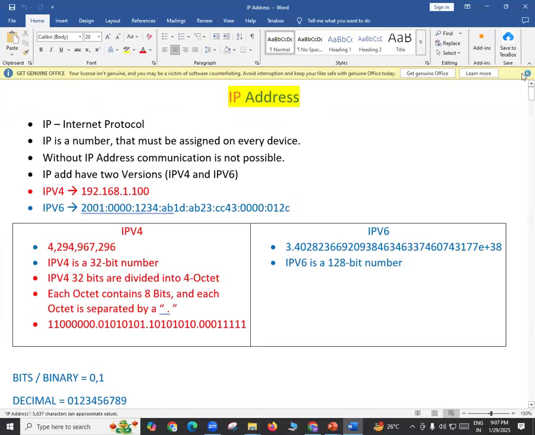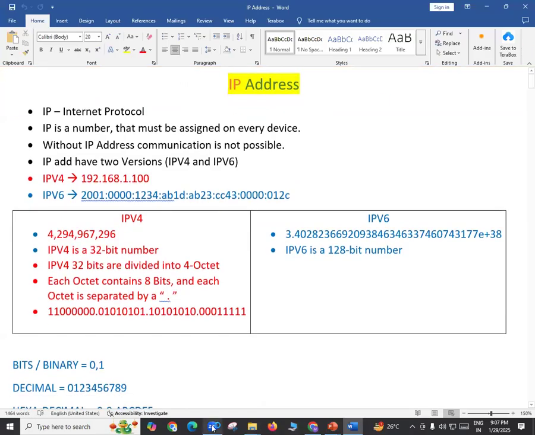IP stands for Internet Protocol actually. It is a number that must be assigned to every device, because without an IP address, communication is not possible. When I say device here, I'm talking about the physical device as well as the virtual device.